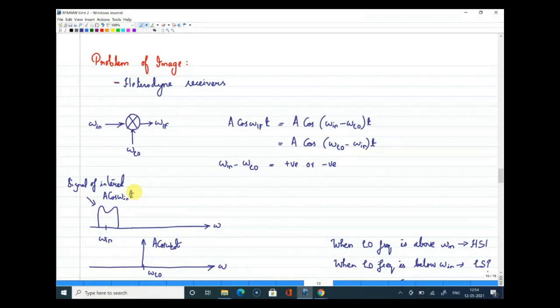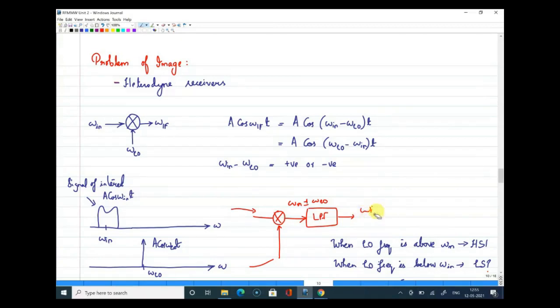Now these two signals are going to a mixer. This is going here, and this signal is coming to this point, and at the output I will have ω_in plus or minus ω_LO, which is further low pass filtered.